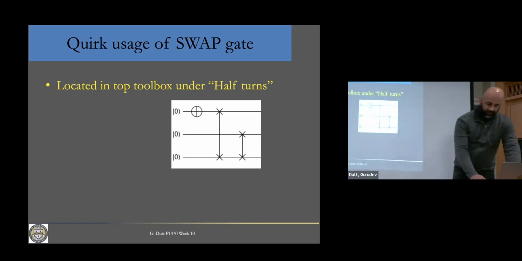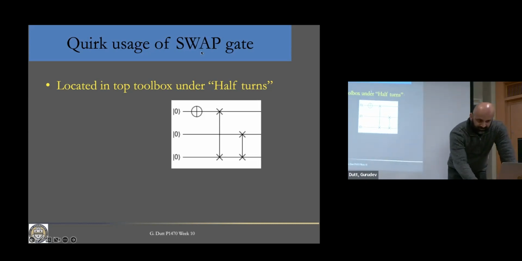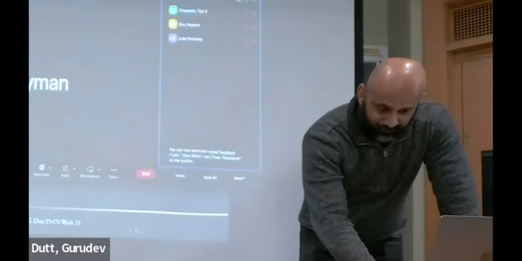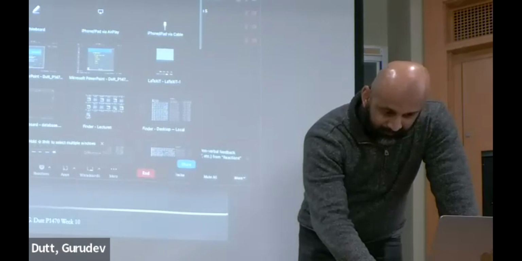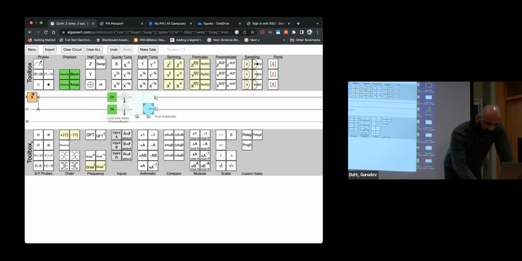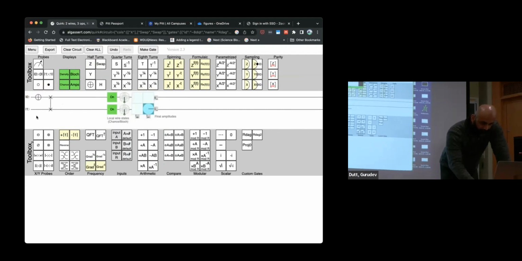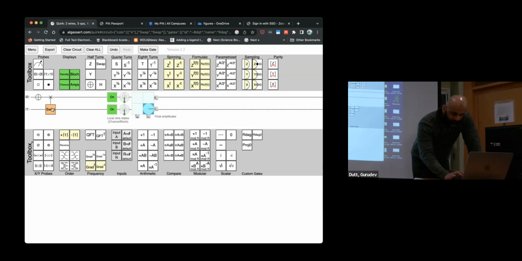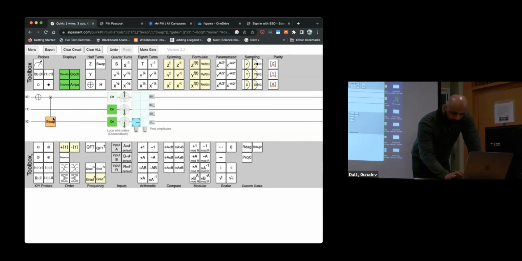Okay, so now let's simulate it in Quark. I suppose I should keep redoing this, which is painful. All right, so we will start with the Pauli gate here. Swap.